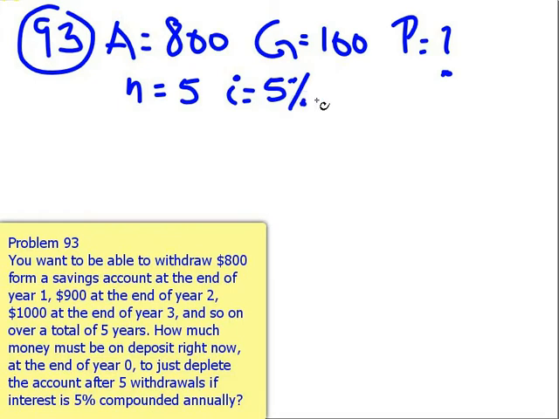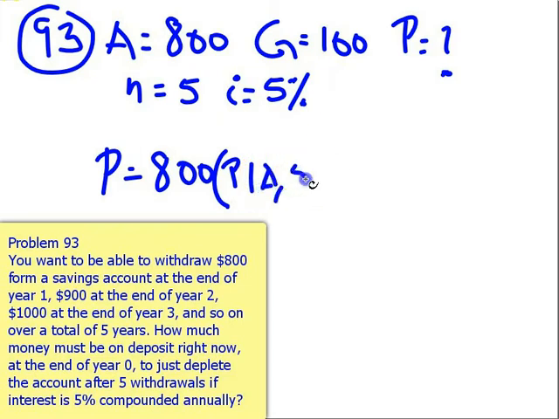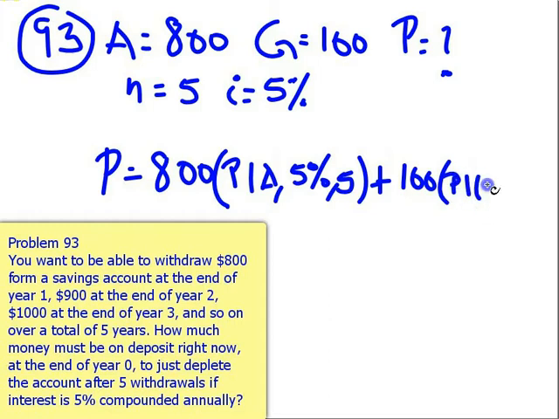So in order to find this answer, the present value is equal to 800 times P given A for 5% and 5 periods, plus 100 times P given G, 5% and 5 periods.